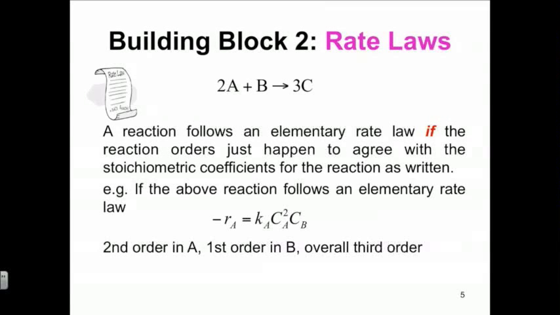For example, in the reaction 2A plus B goes to 3C, an elementary rate law would be the rate of disappearance of A is equal to the rate coefficient times the concentration of A to the second power, since the stoichiometric coefficient on A is 2, multiplied by the concentration of B raised to the first power, which is because the coefficient of B in the reaction is 1. So this would be second order in A, first order in B, and overall third order.